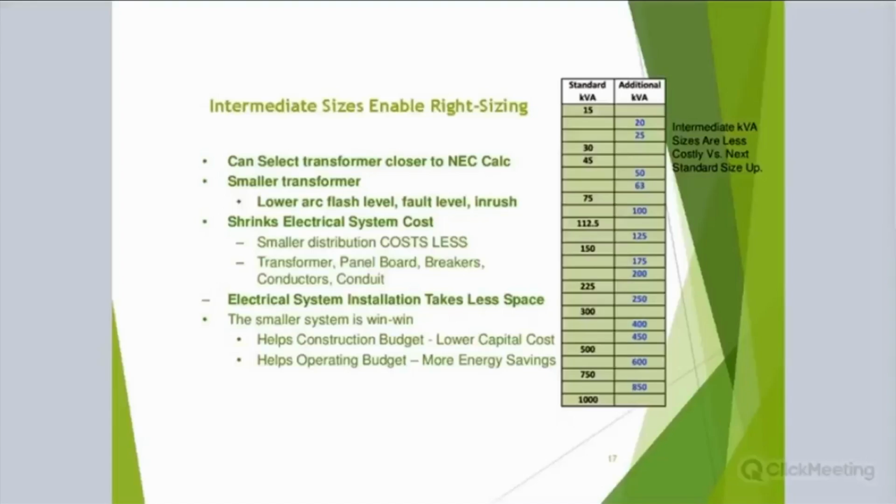But in design practices, if an engineer is designing the space and his calculated load that he thinks that transformer will see is, let's say, 120 kVA, he's going to apply a 150 kVA transformer. The problem is if he sees that it's 151 kVA of load, after he handles any future load that could be added or fudge factor, he has to jump to a 225 kVA size transformer.